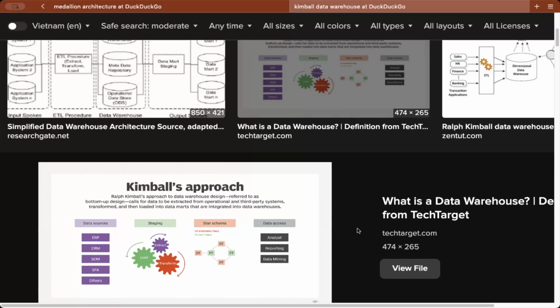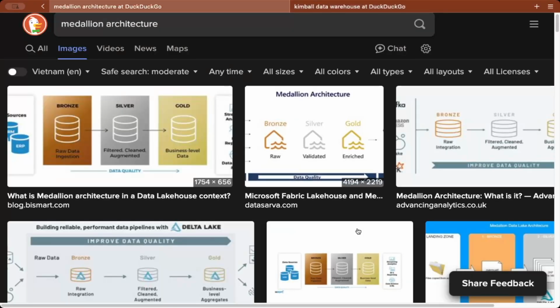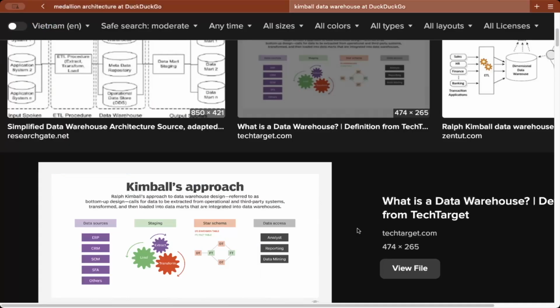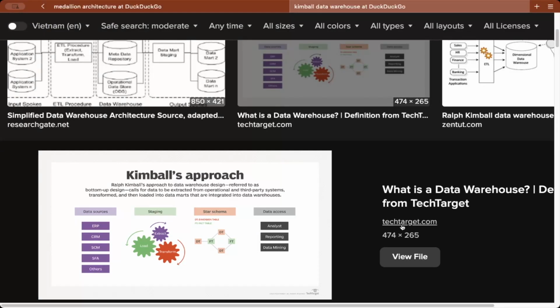It's quite a big difference, because the Kimball approach focuses on the ETL part, but the Databricks medallion architecture focuses on how to improve data quality and how the data is organized.